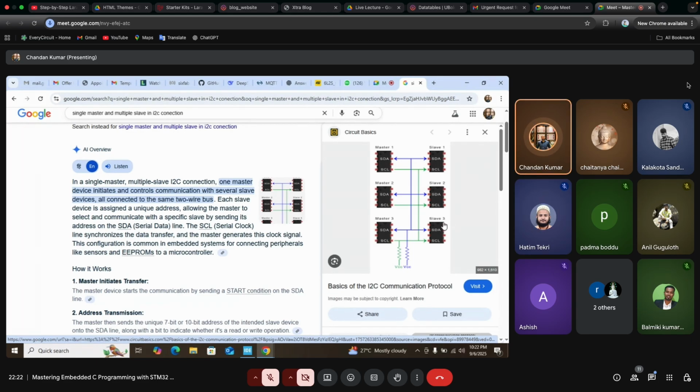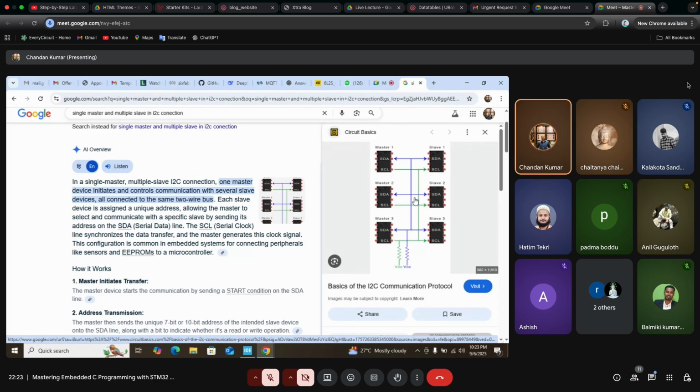In the previous topic, where we learned about single master and multiple slaves, the master's two pins were connected with the two pins of all three slaves. In this case, master 2's data pin is connected with slave 2, but also with slave 1's data pin and slave 3's data pin.